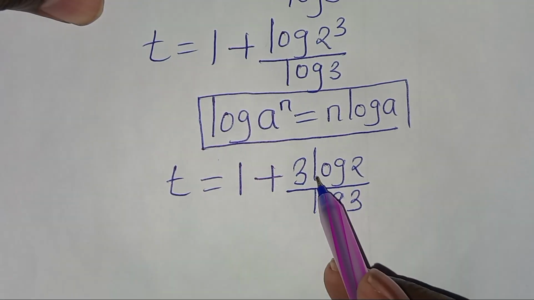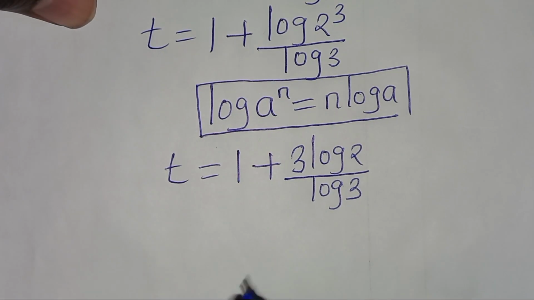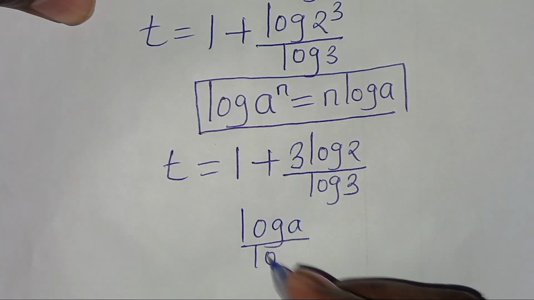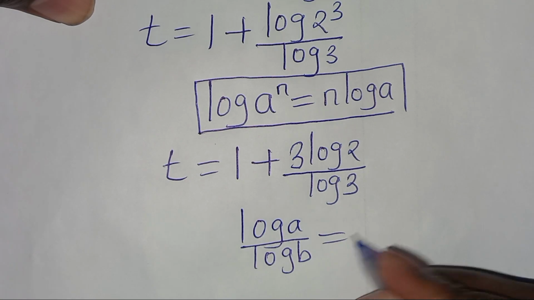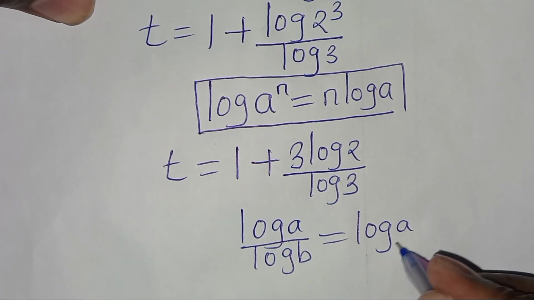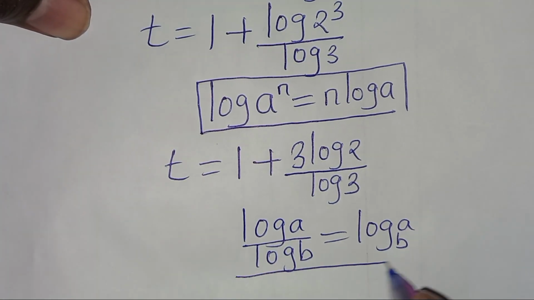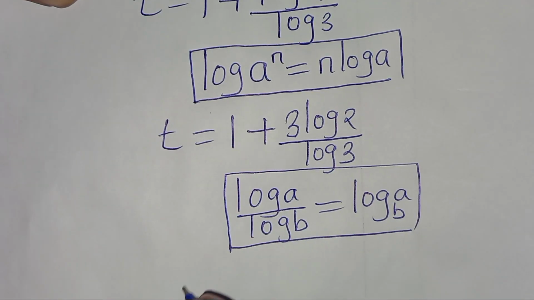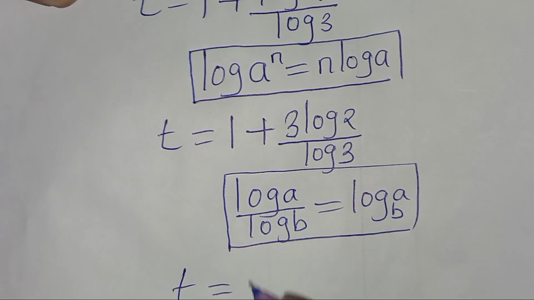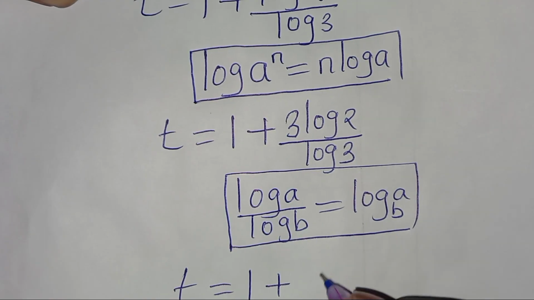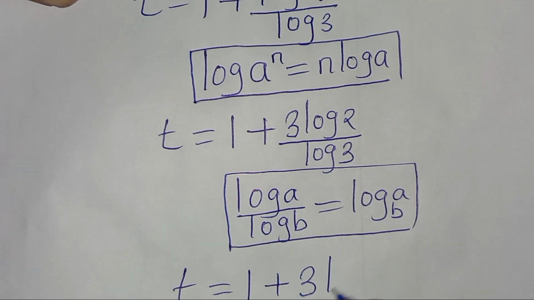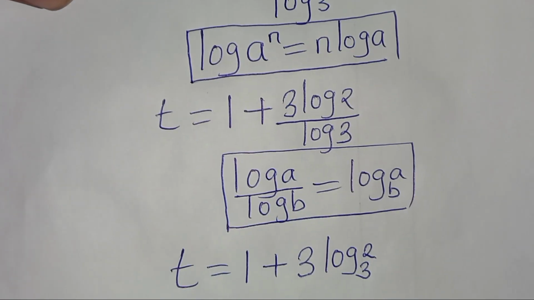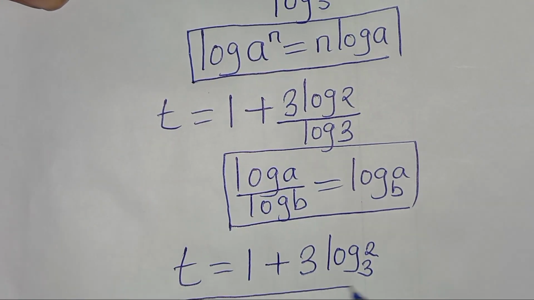Now log 2 divided by log 3 is in the form log a divided by log b, which we can express as log a to base b. Applying this logarithm property, the value of t will be equal to 1 plus 3 log 2 to base 3. So this is the value of t.